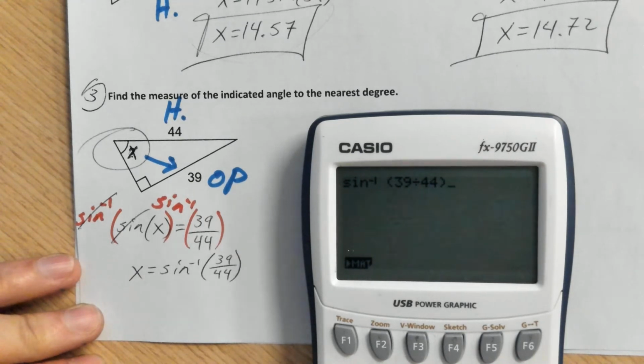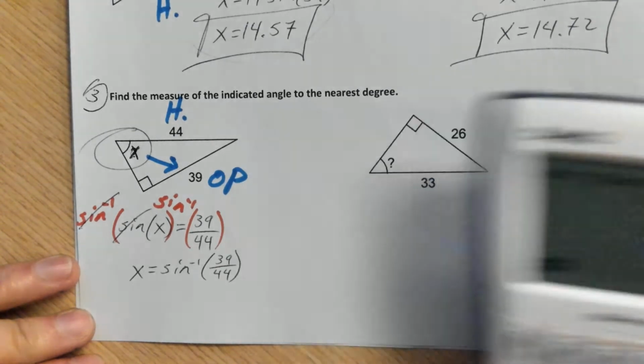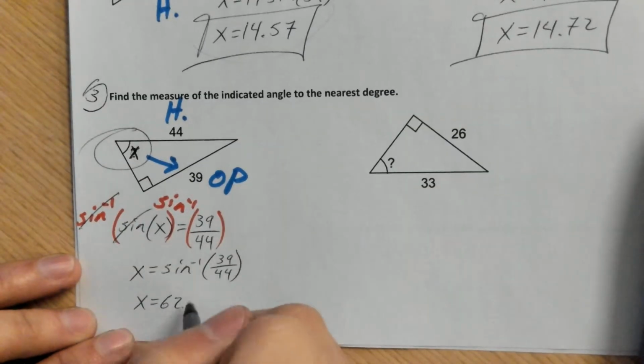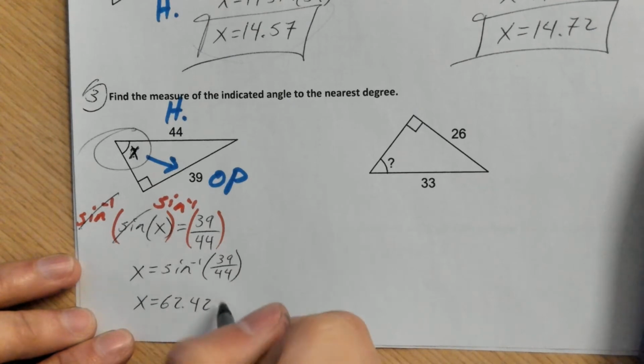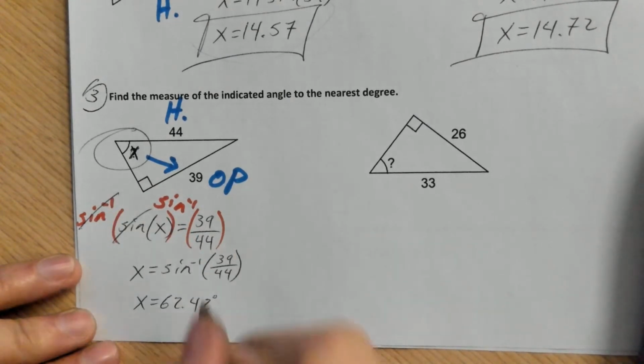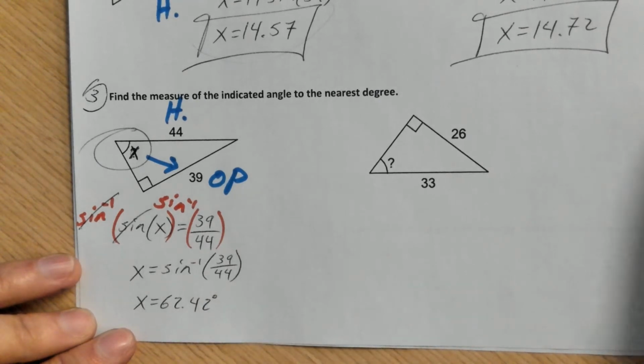Make sure you guys always put the parentheses, alright? And that gives me 62.42. It rounds to 62.42. So x equals 62.42 degrees, right? Because x is an angle. So that's that one.